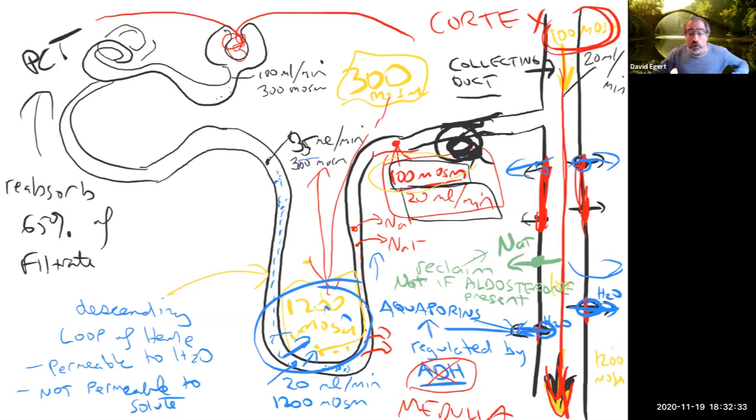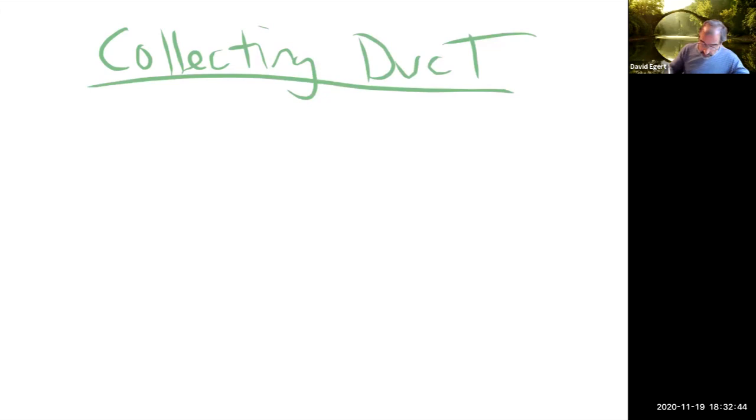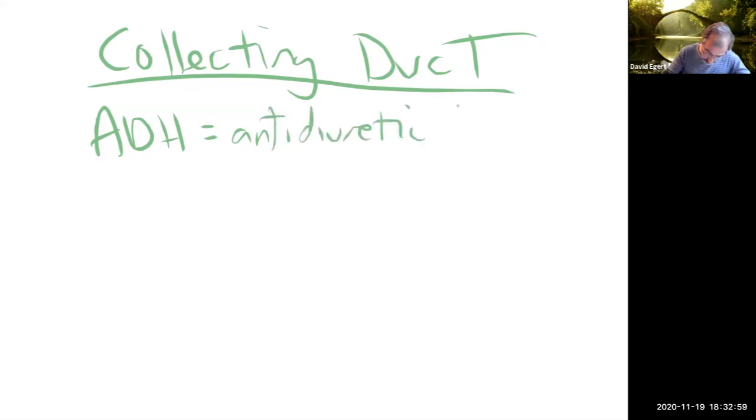So there's two hormones. This is getting so messy. So collecting duct, there's two major hormones at work here, ADH and aldosterone.